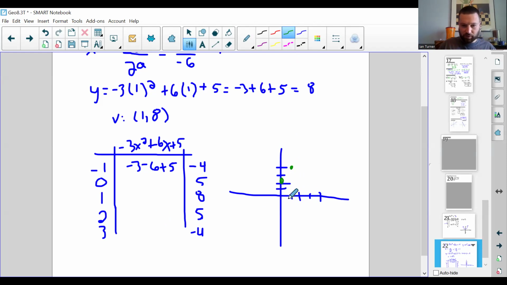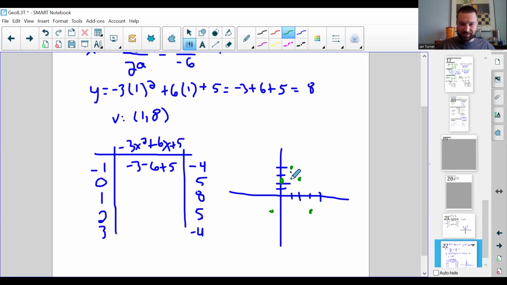And then (2, 5). And then -1 is here somewhere. And then it's -4. What great graphing by me. How beautiful is that? Not really. So it should look something like that. Sorry, yours is going to look so much better.